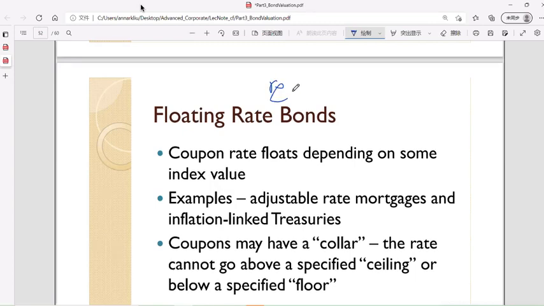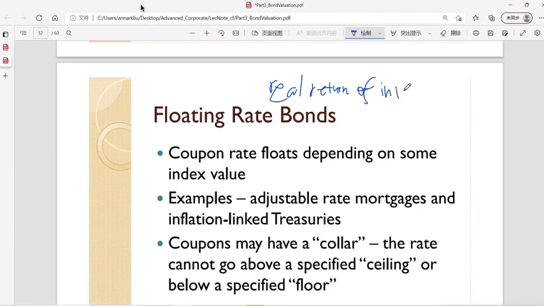Your real rate of investment, real return. Your real return of investment would be what?